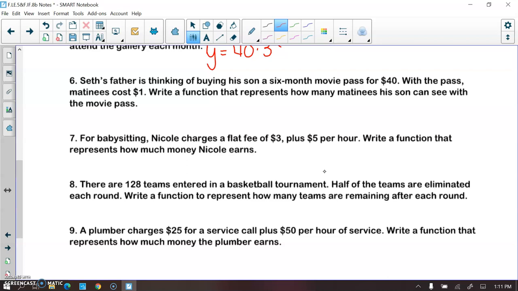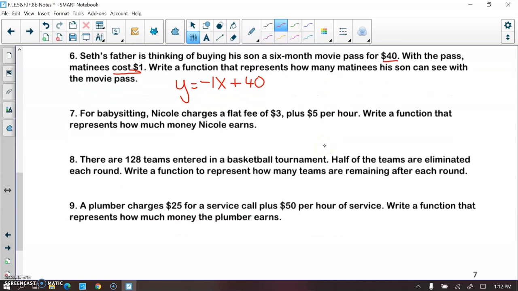So we're subtracting 1 every time, or adding a negative 1 every time. Since we're adding the same number over and over, that's a linear function. We're going to write our equation in y is equal to mx plus b form, where m is what we're adding each time. So y is equal to negative 1 times x, and b is your y-intercept, or where we start, which is 40. So that is your correct equation.